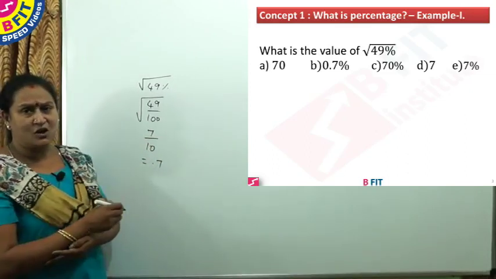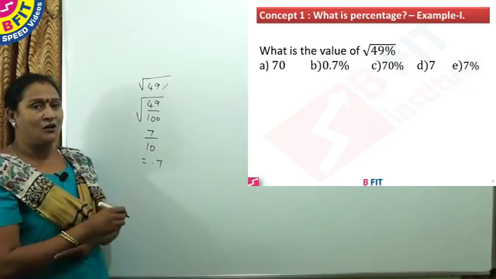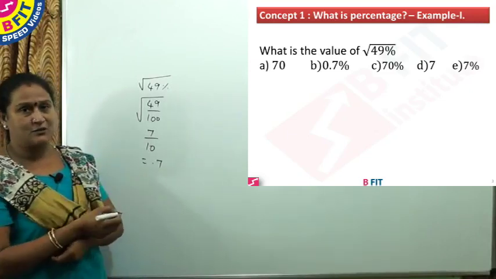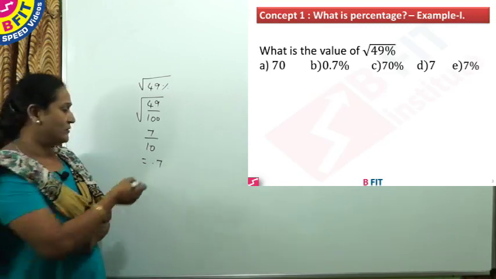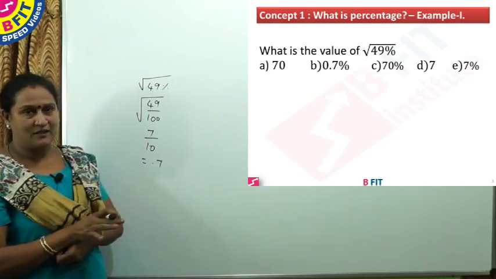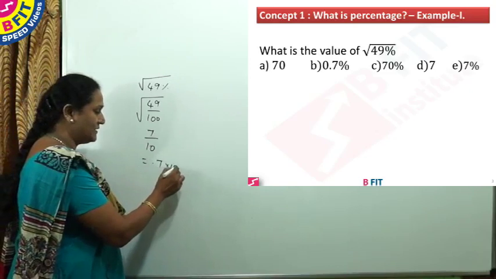But when you check the options, 0.7 is not given there. So what will be the equivalent option for this? We have some options which have percentages also, and there is option B which is 0.7%. As 0.7 is the answer, 0.7% definitely will not be the answer. To find the percentage, we multiply this with 100.